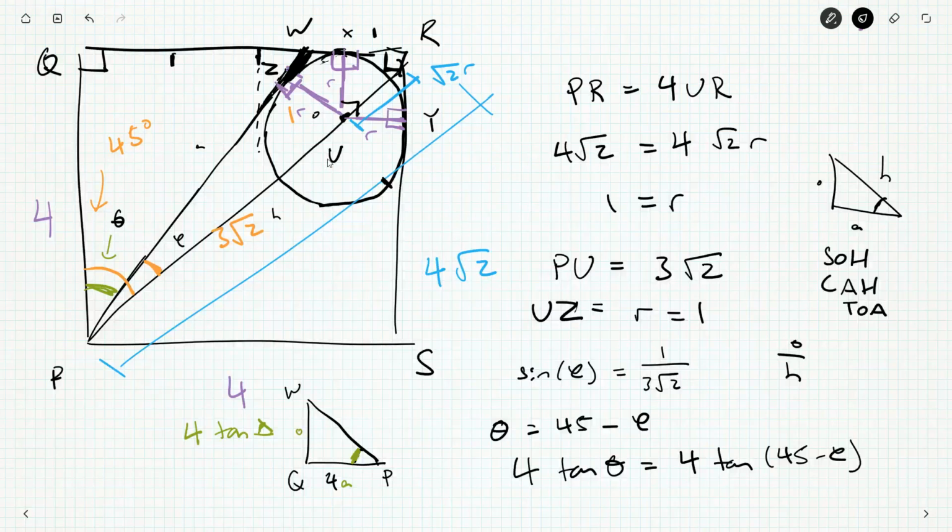I feel like they're just... I mean, I know the diagrams are not drawn to scale, but I feel like there's something I've missed horribly. PU is 3 root 2.